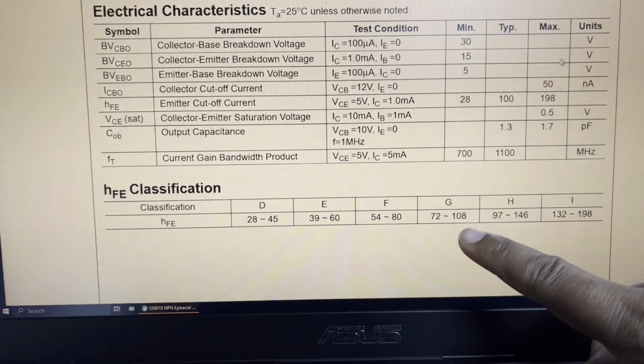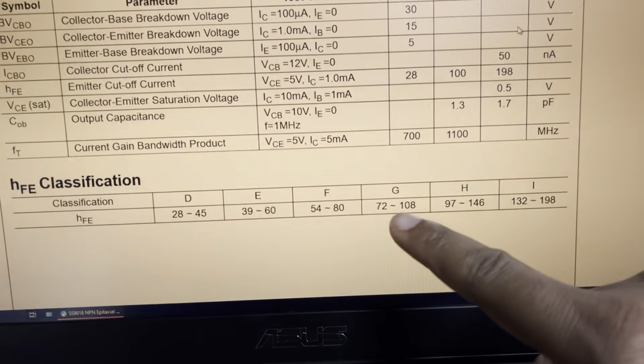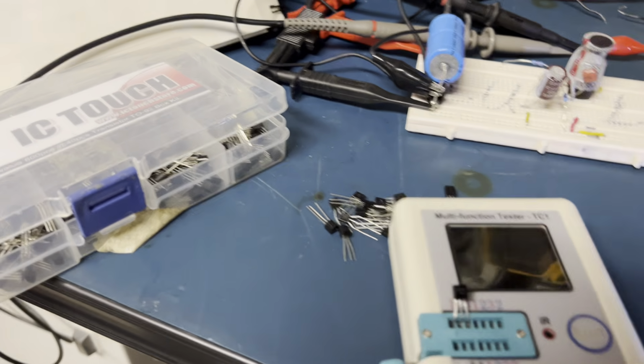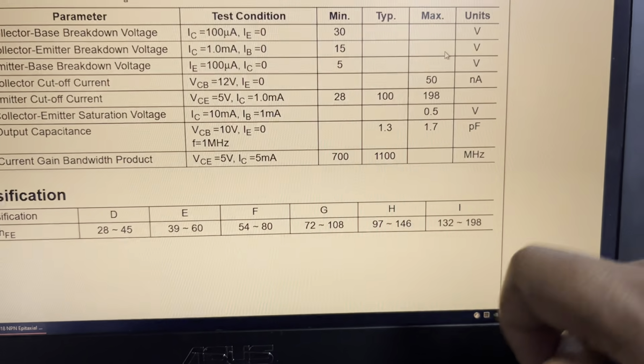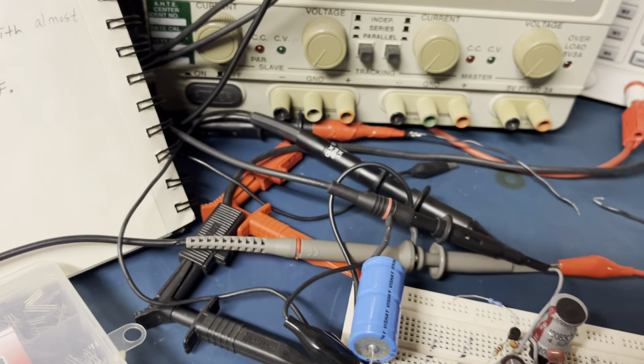Depending on the marking, I believe my marking is, what's the marking on this? If you take a look at this real quick, it says H. So if we look at H, it's somewhere around here, right? So 97 to 146. So anyway, it's in there, right? Same transistor, it's in there, right there.